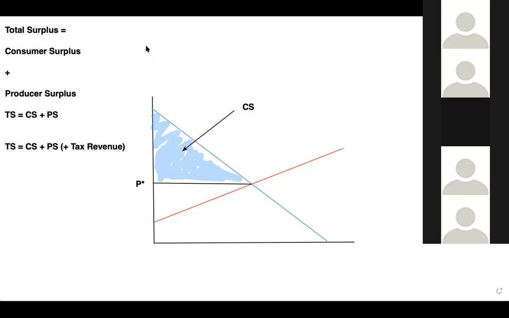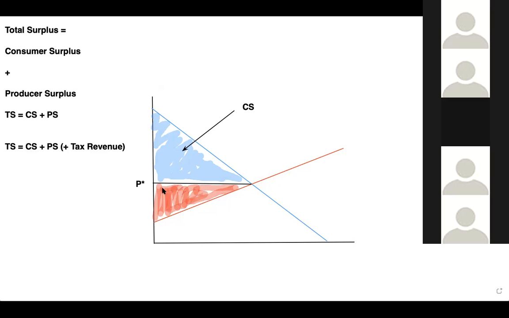And this area here, they're triangles, right? At least in this case, they're triangles. This doesn't always have to be a triangle. It's normally either a triangle or a trapezoid, depending upon the specific case.